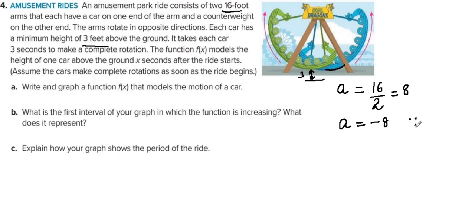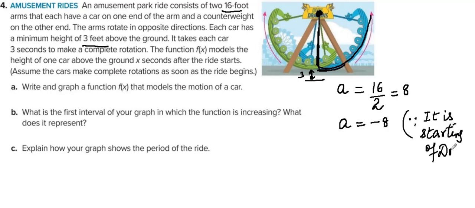Why? Because it is starting from the lower position. You can consider this the origin. So it is starting from down. Down means minus 8 down and going 8 up, right? So this length is 16 here. Because it is starting from down, that's why it is negative.